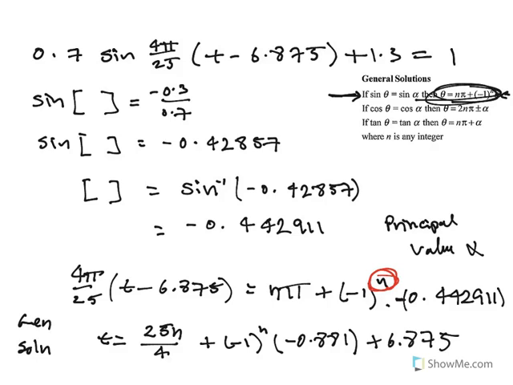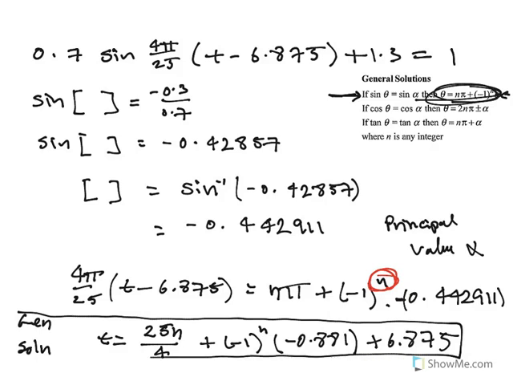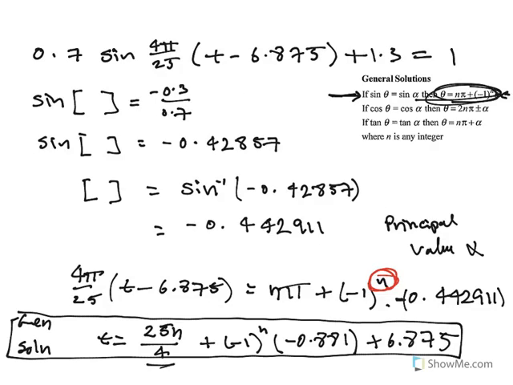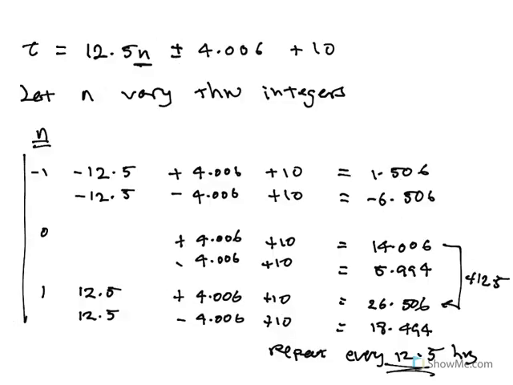I won't do it, but what you do is let n vary, just as I did before. This time I'm using this expression, and I get a table of values that show you where the curve equals 1. If you do that, you'll get the exact same numbers as you did here.